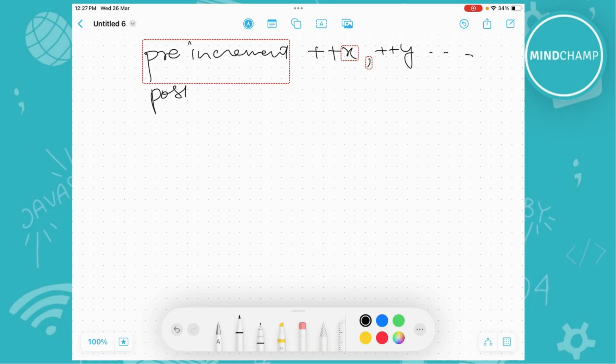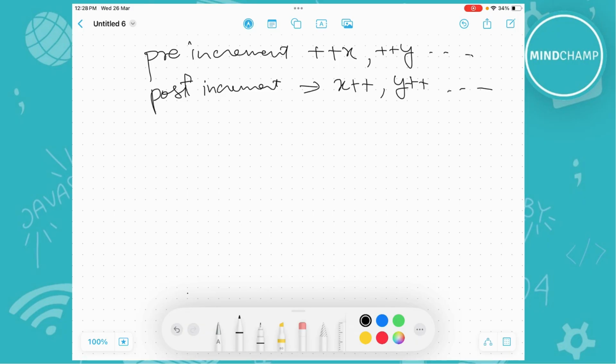Post means afterwards. So post increment means it is incrementing afterwards, that means x plus plus or y plus plus and so on.